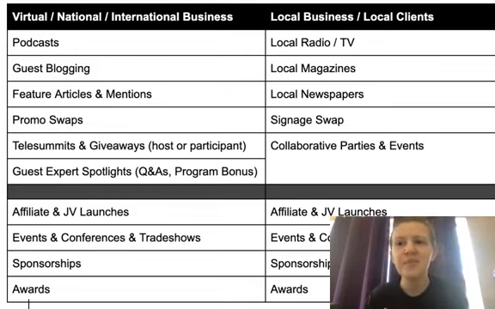So if you see articles on Fast Company, Inc., Forbes, platforms like that, and they're featuring the story of other businesses, that's a featured article. Sometimes they'll just mention them, and that's a featured mention. And so that's another type of publicity that you can tap into as a virtual national international business.